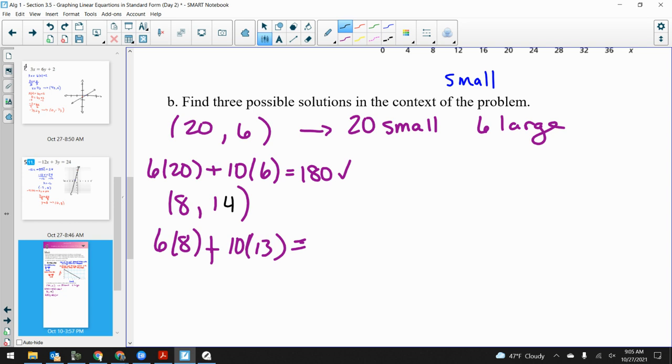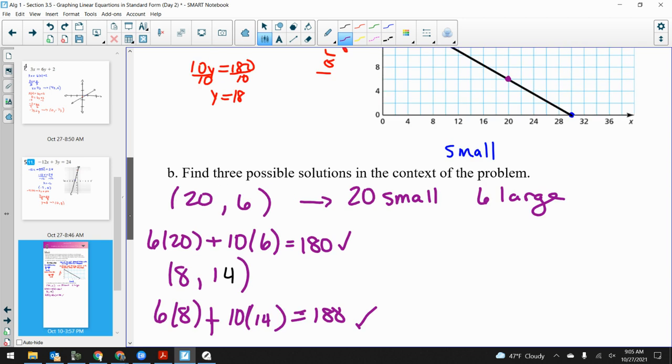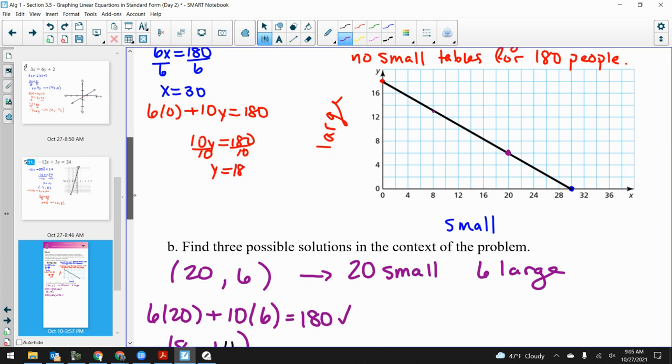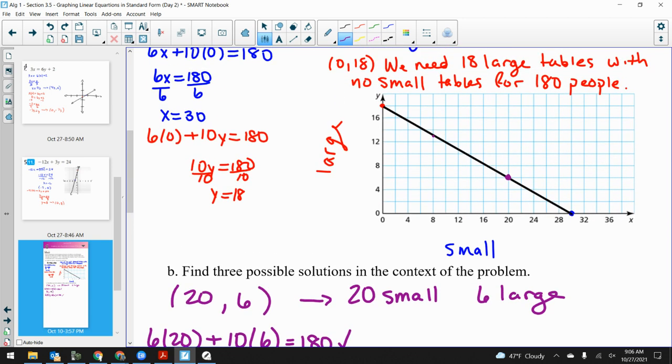8, 14 would get us 188 seats. And yeah, I guess that will check out. So I could use 8 small, 14 large. Nathan? Even though it's not on our line, that's the thing we came up with last period too.